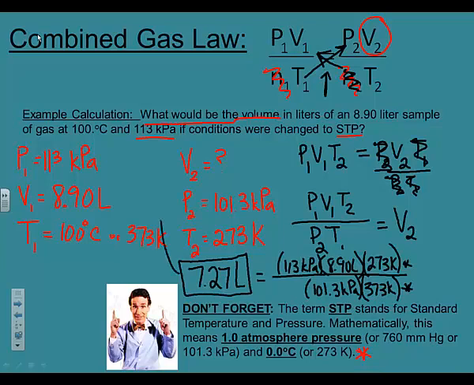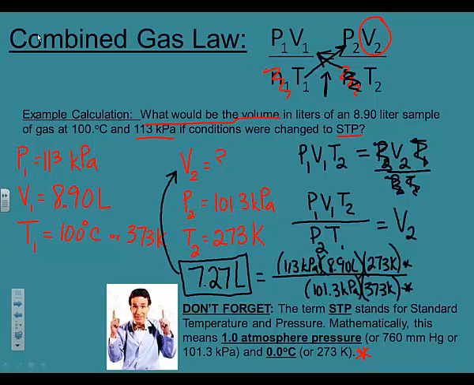That is my final volume. So what will be the volume in liters if the conditions were changed to standard temperature and pressure? It would be 7.27 liters. So in this problem, I had pressure changing, volume changing, and temperature changing. So I have to use the combined gas law. All of those variables are changing. You've got to use the combined gas law in order to find that value.